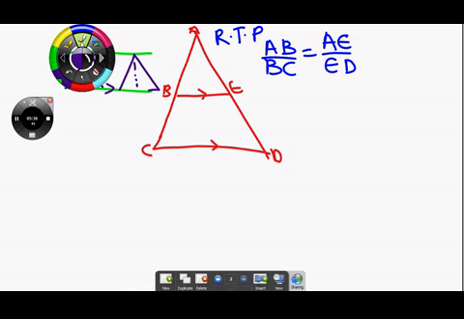Because we are talking about areas of triangles, we take one ratio at a time. So I'm going to start by looking at the ratio AB over BC. I'm going to deliberately say, what if I had a triangle with a base AB, and I also had a triangle with a base BC? Let's look at the two triangles. Already I can see this triangle here.